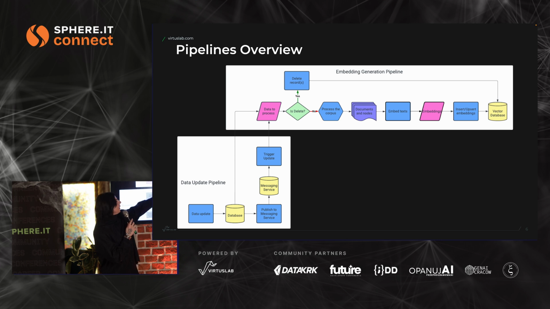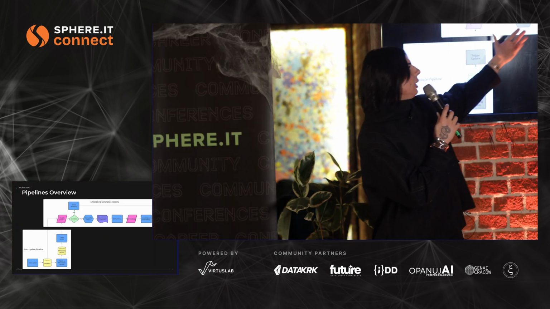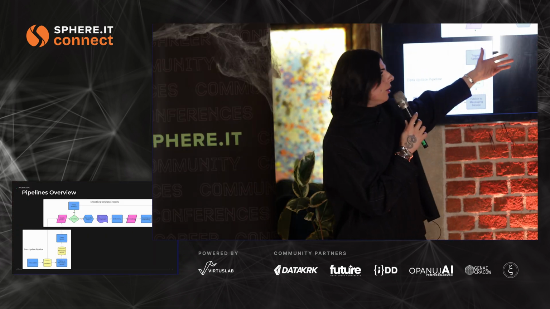The processing means turning each text into a document, and each document is turned into nodes, because embedding models have a limit on the number of tokens they can represent. We need to do something called chunking, and the nodes are the chunks of the documents.